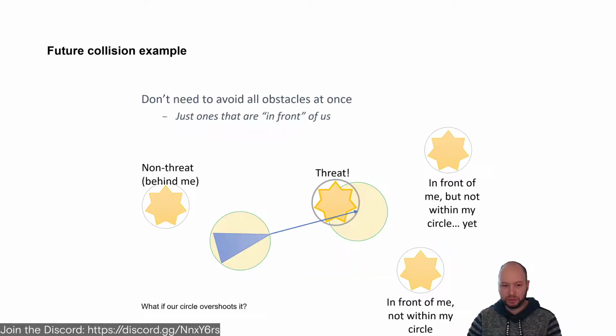The problem with this, however, is that while it does work pretty well, and we can determine in this scenario that we've hit this future object, there is the concern of what if our agent was just slightly to the right, and the sphere would have overshot that, and we would have missed that collision, and then we were going to hit it next time.